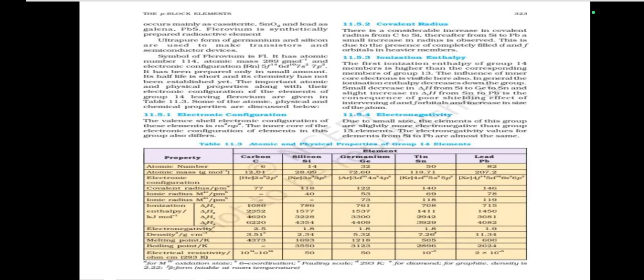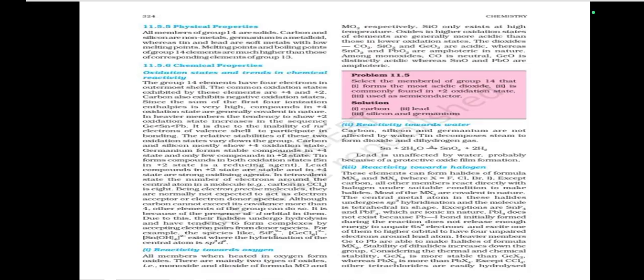Small decreases in ΔiH from silicon to germanium to tin, and slight increase in ΔiH from tin to lead, is the consequence of poor shielding effect of intervening d and f orbitals and increase in size of the atom. Electronegativity: due to small size, the elements of this group are slightly more electronegative than group 13 elements. The electronegativity values for elements from silicon to lead are almost the same.